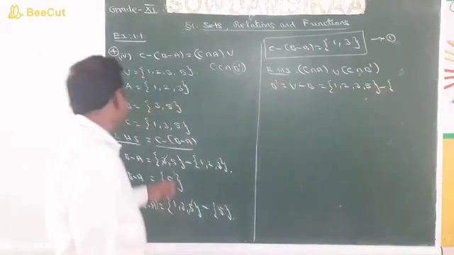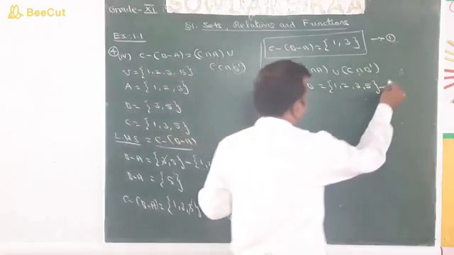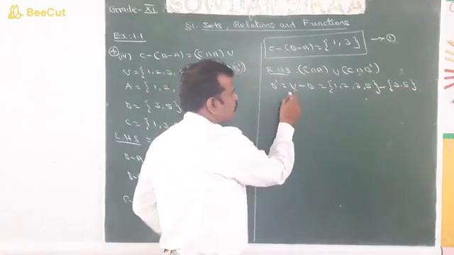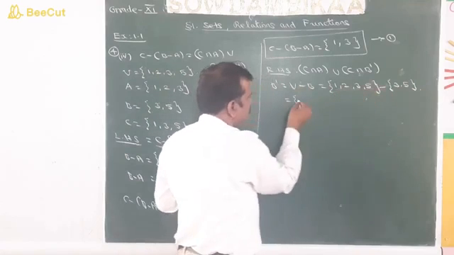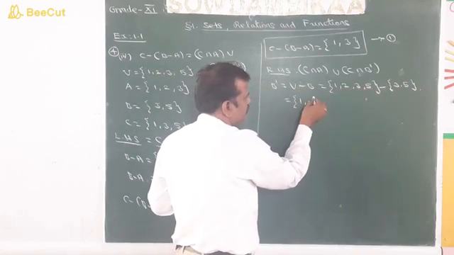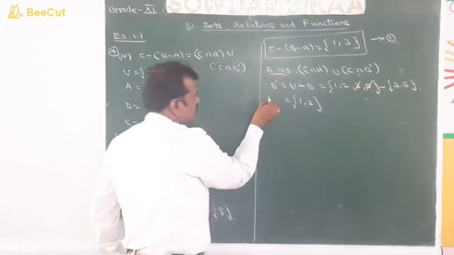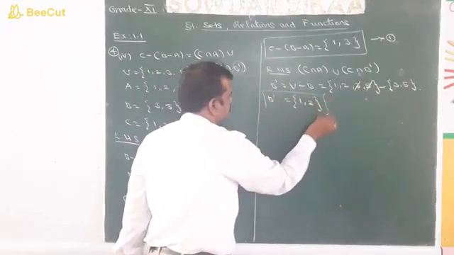Difference. What is B? 3, 5. So we have to list out the elements of U not in B. That is, 1 is there, 1 is not there. 2 also will come. 3 and 5 will not come because 3 and 5 is there in B. So this is B dash.